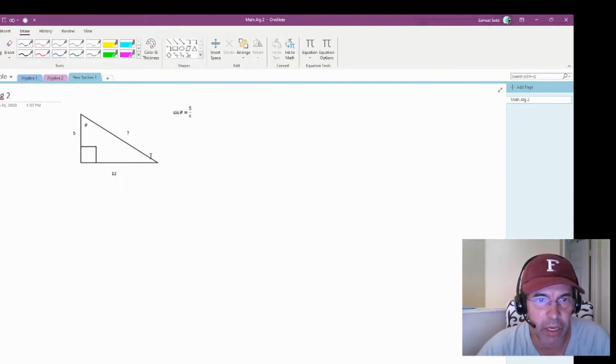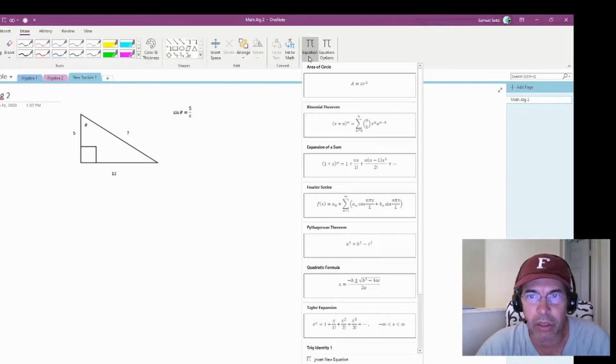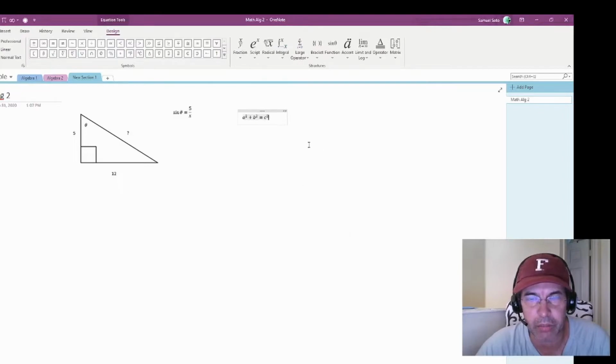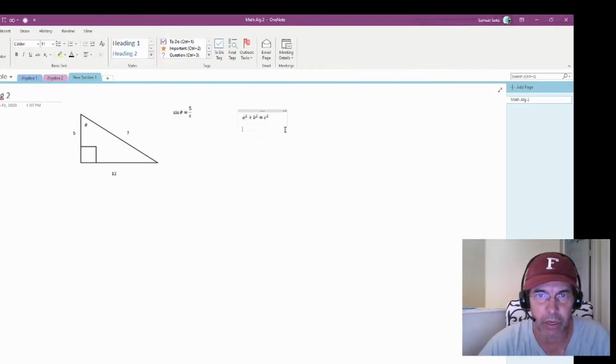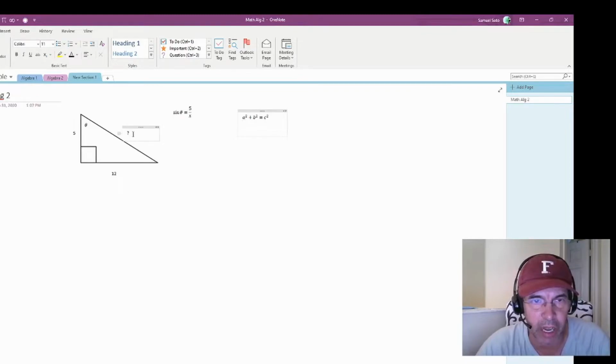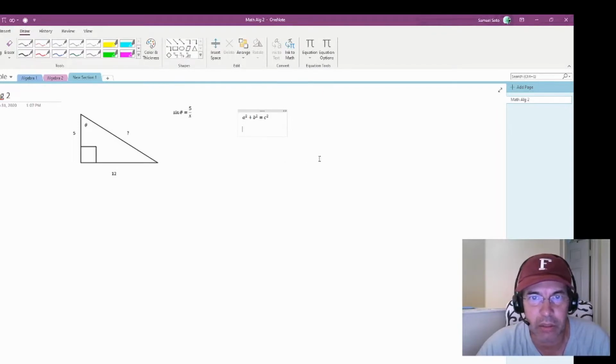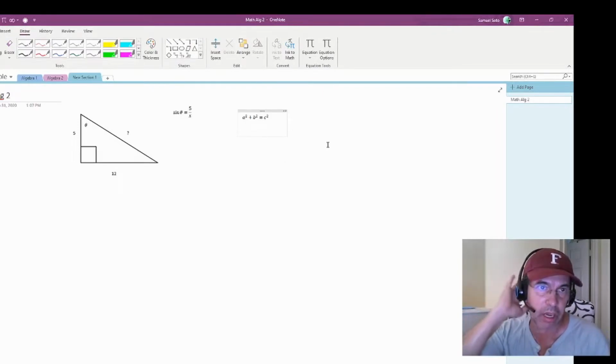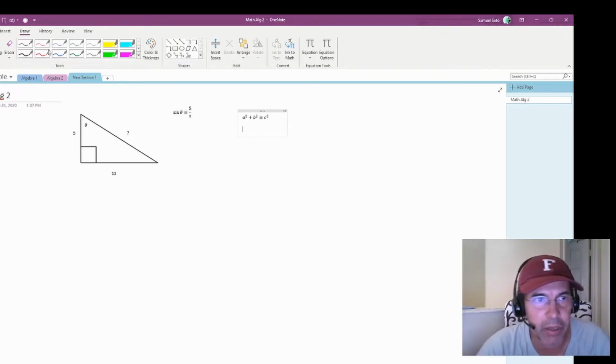Well, let's say that we need to find the hypotenuse first before we use this function. The nice thing about this is that you can go to equation, go right here to Pythagorean theorem, insert it, and then we could find out what that side is, which would be C. Or you can go back to draw and say that A is 5 squared.